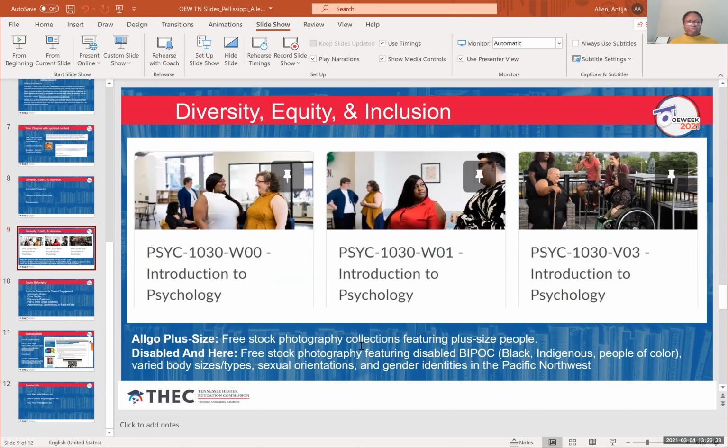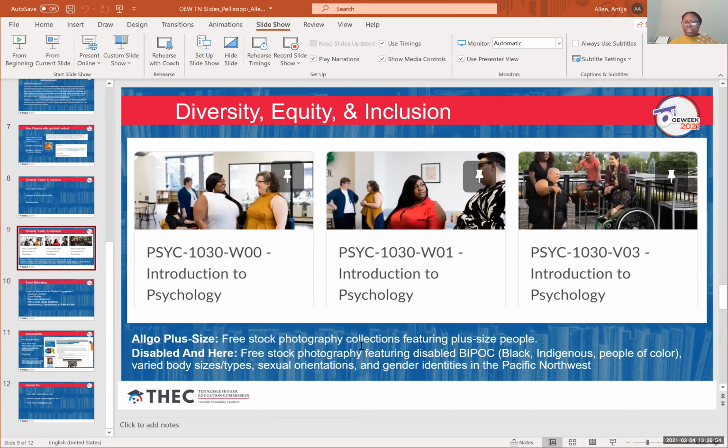These are actual free stock images. I found these through the Community College Consortium OER. So shout out to CCC OER. They are awesome. If you're not already, please join their listserv. They always have such great resources.